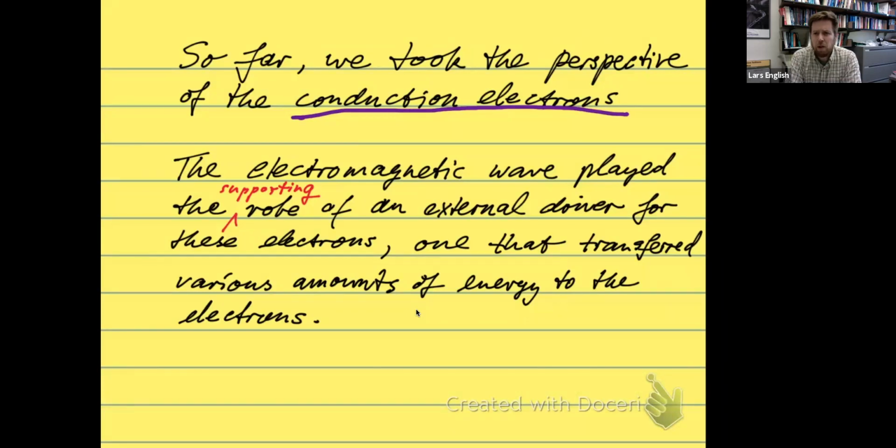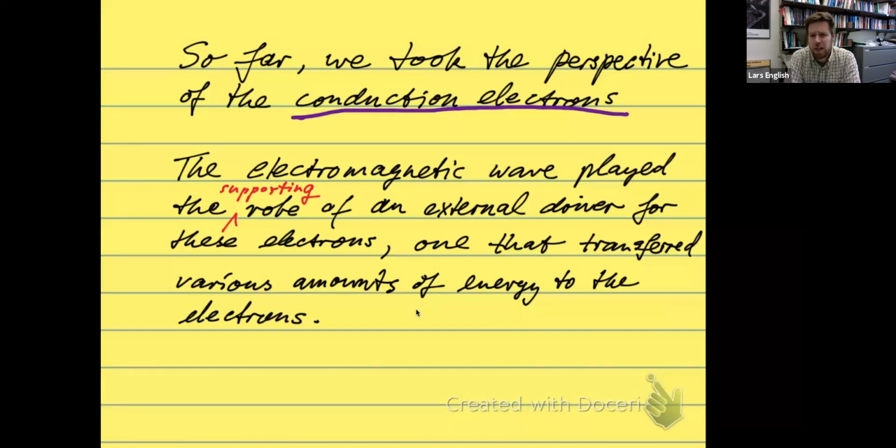On the other hand, at higher frequencies, we saw that the real part of the conductivity diminished in relation to the imaginary part. So the imaginary part of the conductivity became larger and larger in comparison to the real part. And so now we get these electrons moving pi over 2 out of phase with the electric field.